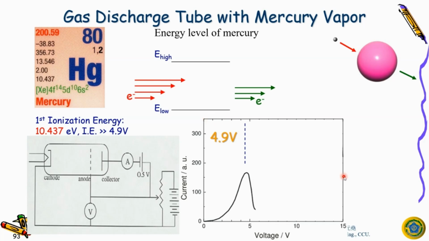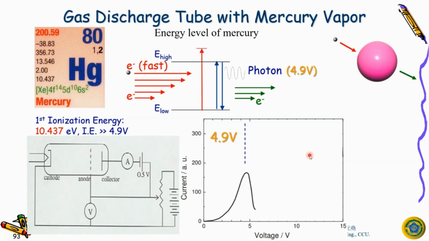Okay, so I increase the energy again. I just told you that the photon energy is 4.9 electron volt, and we measure the current here. So if we make the energy increase, what happens?